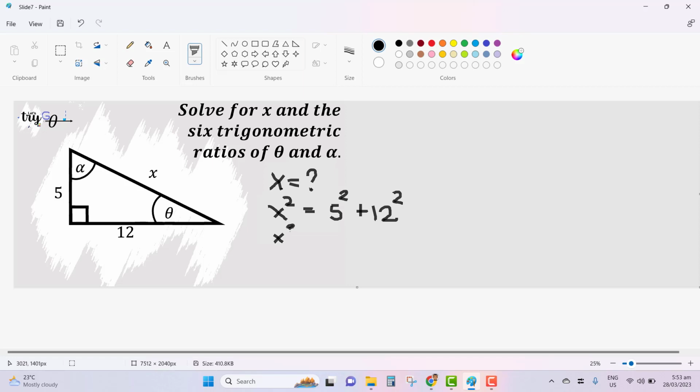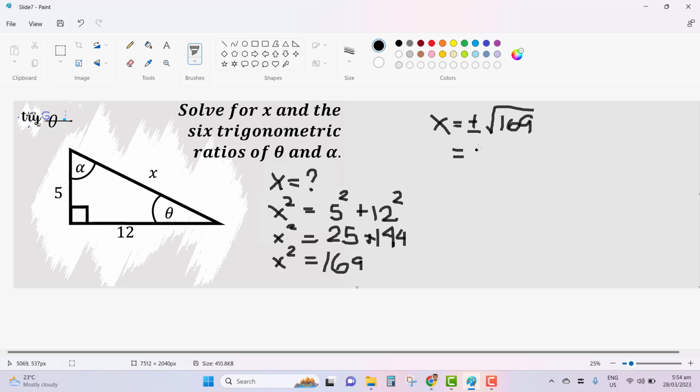So x squared is equal to the sum of 25 and 144. And further, x squared is equal to 169. Don't forget that when you take the root of both sides, you can always have 2 different answers, plus, minus, the square root of 169.